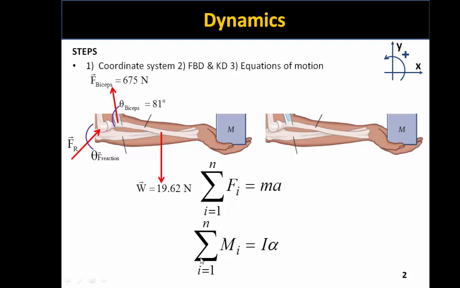When we add up all of those moments of force, they will equal the inherent resistance to a change in the angular motion of the system of interest, the forearm and hand. That inherent resistance to a change in angular motion is captured by and described by the moment of inertia, I, which we'll describe a little bit later.